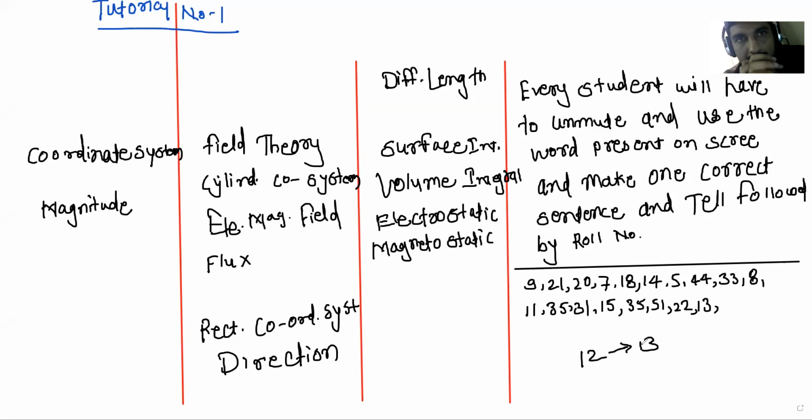Now it's 13 students, 13 words. And I have accepted some of the answers from the internet also. So 13 students are remaining because 32 students are present in this meeting, and 18 have already answered. That means 13 students and 13 words are available.